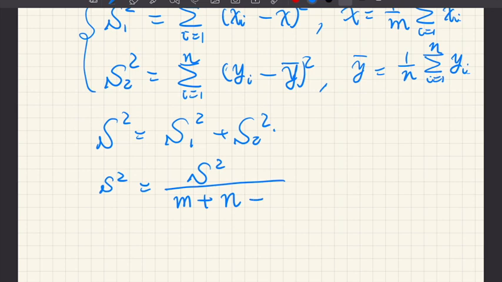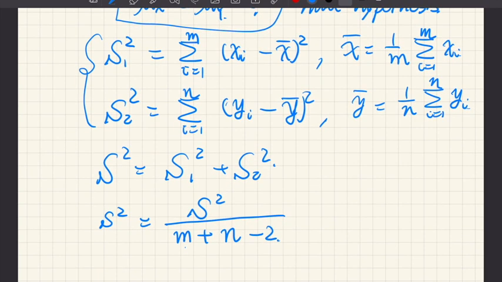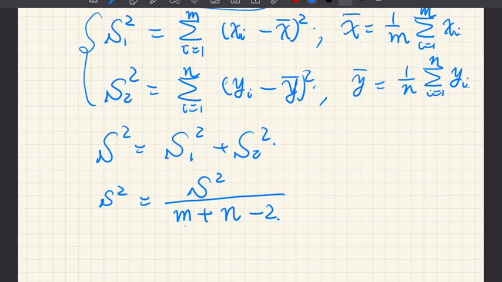No, it's minus 2 in this case. At this point, you are forgiven for not understanding why this is m plus n minus 2. This number can be derived in a similar manner as we derived the unbiased sample variance. We just combine these two and find some orthogonal transformation, right?